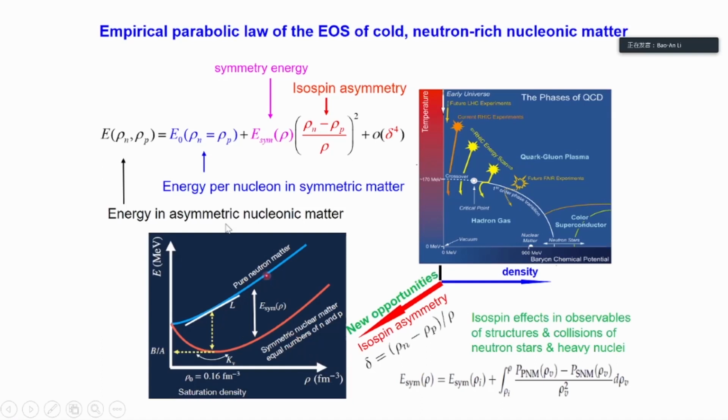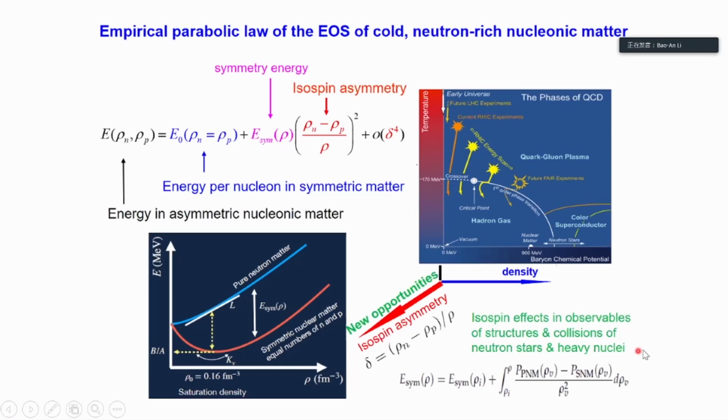Now, if you write down the pressure as a function of density and isospin asymmetry, you can infer from there and write down analytically the density-dependent symmetry energy in terms of an integration, which involves the difference in pressure for pure neutron matter and symmetric nuclear matter.